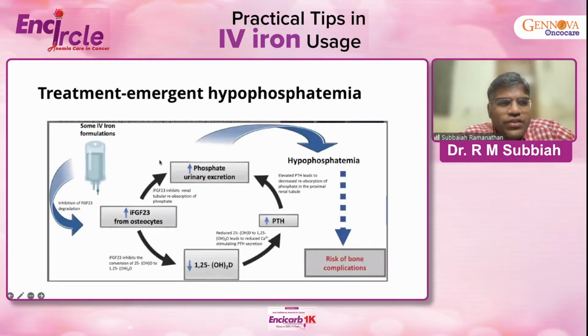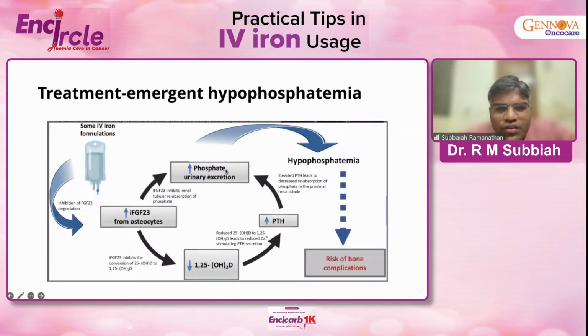The other thing is the treatment emergent hypophosphatemia, which is quite common with ferric carboxymaltose. So not all formulations, some formulations can cause it. It increases the release of fibroblast growth factor 23 from the osteocytes. It does two things.